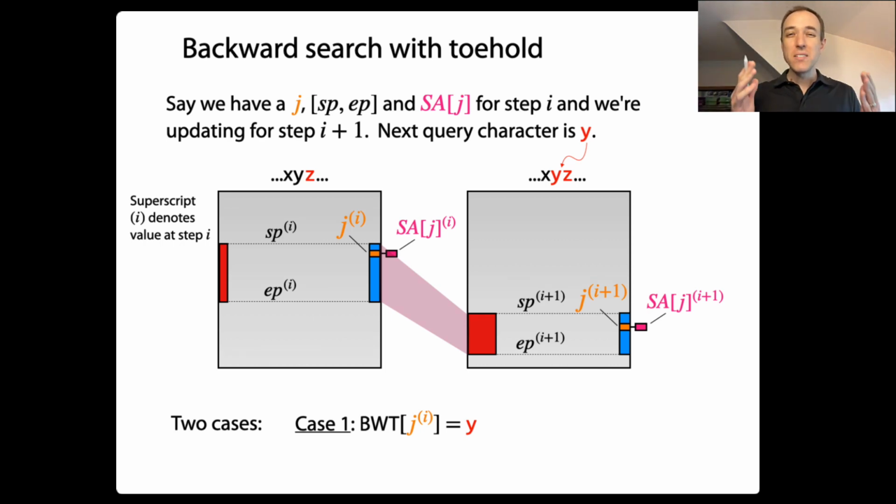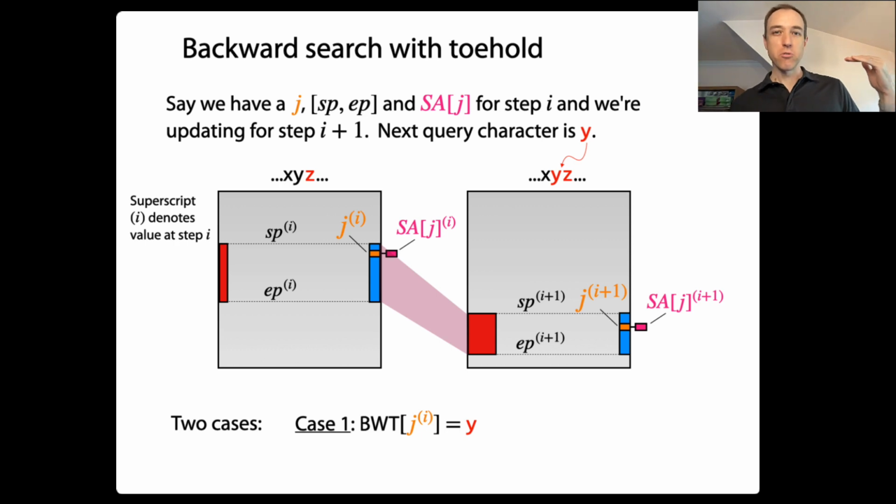If you think of one step of backward search, we have one range and then we update it to get a new range. Some of the elements in our original range correspond to elements in this new range. Some don't, according to whether they matched the next character of the query. So we're splitting our discussion into these two cases, right?